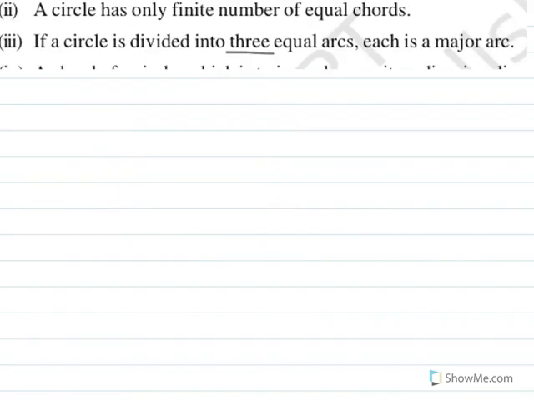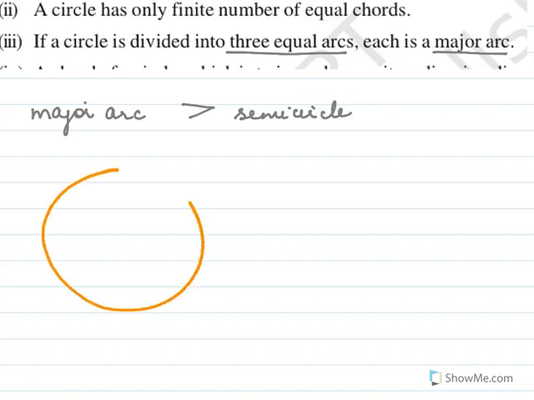If a circle is divided into 3 equal arcs, each is a major arc. First, what is a major arc? Major arc is greater than semicircle. So if I have a circle, how many semicircles can I have?